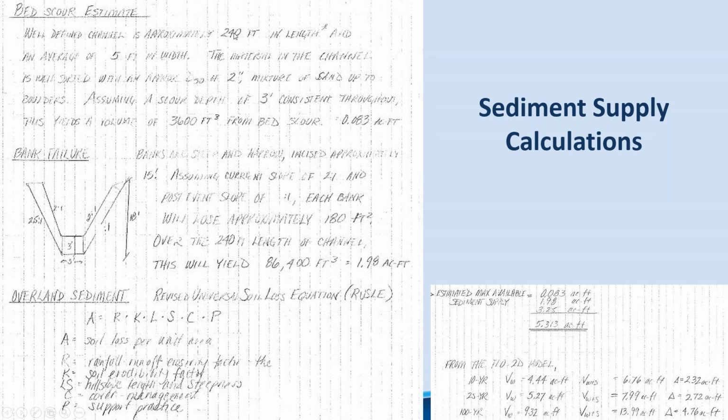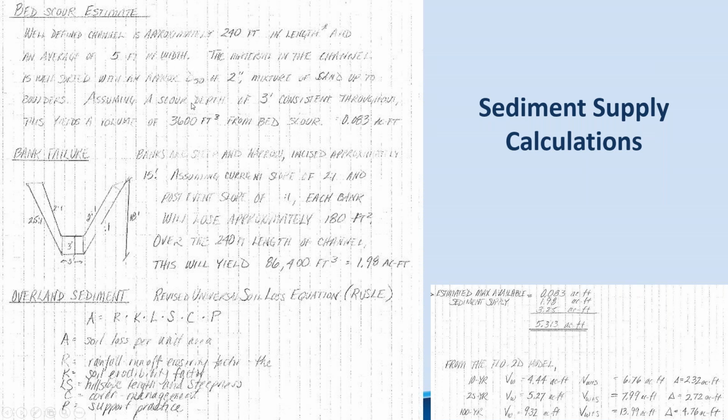It's about 240 feet in length. You can estimate that in an aerial photograph or whatever. It's an average of about 5 foot in width. The material in the channel is well sorted with a matrix D50 on the order of about 2 inches. It's a mixture of sand up to boulders.